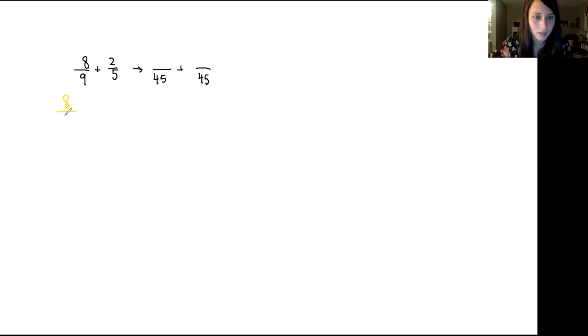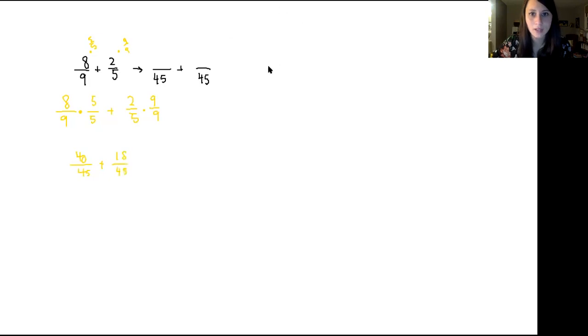Write it as 8 over 9 times 5 over 5 plus 2 over 5 times 9 over 9. Really what I'm doing here is I'm multiplying everything by 5 over 5, and I'm multiplying everything here by 9 over 9. And so when I work this out, 8 times 5 is 40. 9 times 5 is 45, right? 2 times 9 is 18 over 45.